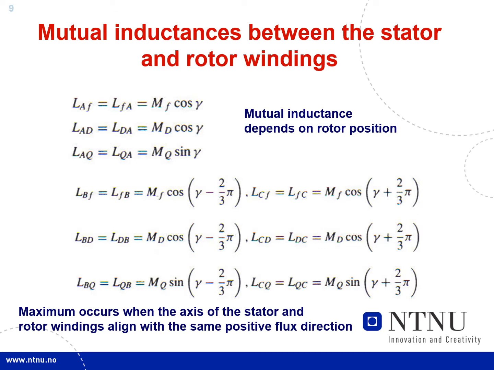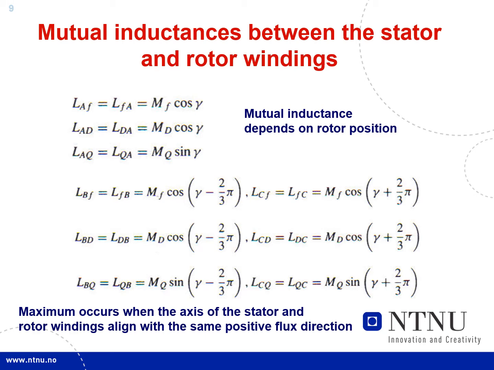Next, we need to look at the mutual inductances between the stator and the rotor windings. And they vary more because of the position. And if we look at flux linkage set up by the main field current, for example, and linking the stator windings A, we could say that it's proportional to the cosine of the angle.